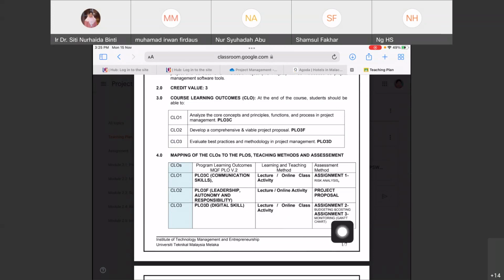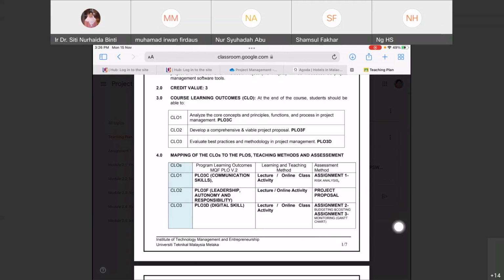And assignments 2 and 3, I combined together, given by me. They are all interrelated and overlapping. I just want you to make use of the overlap, such that the project proposal makes sense, the risk analysis makes sense, the budgeting, costing, and monitoring makes sense, because they are related.